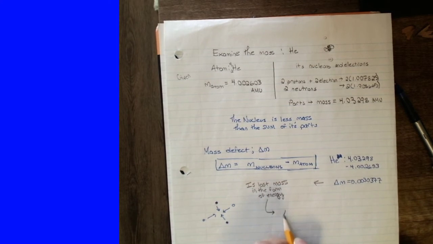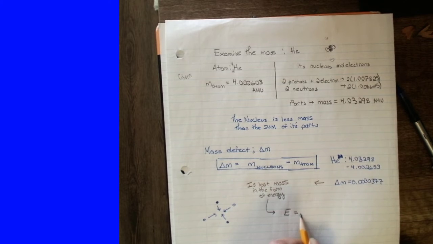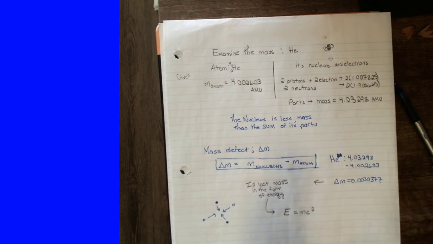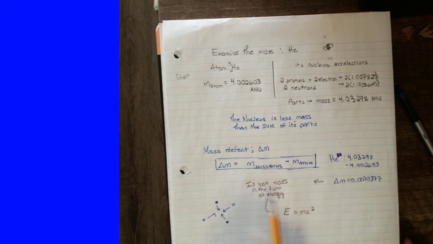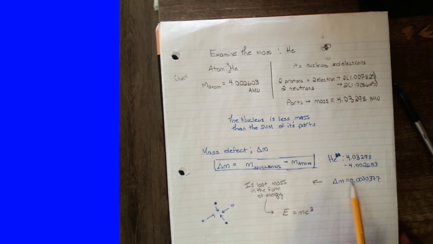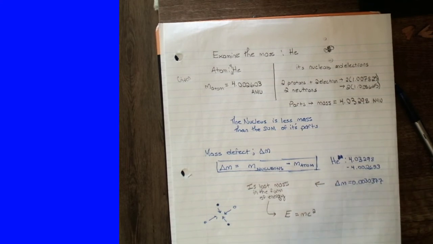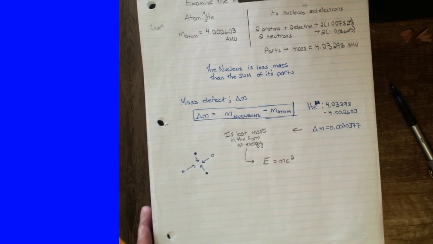This is his famous equation: E is equal to mc squared. And so we can now begin to use this a little bit, because we're saying that there's a lost mass here. The mass changes by a certain amount, and that mass can be thought of as energy at this scale of the universe. So let's go ahead and do that.